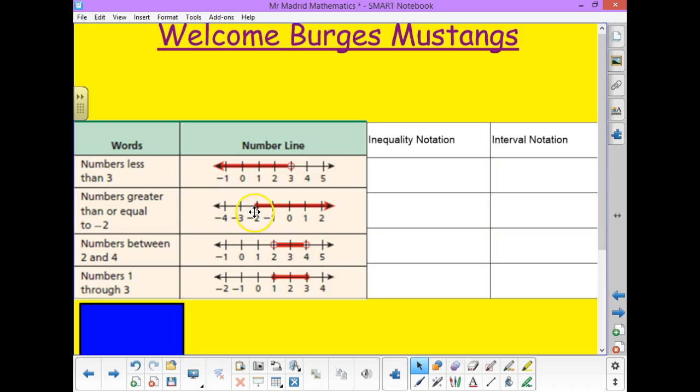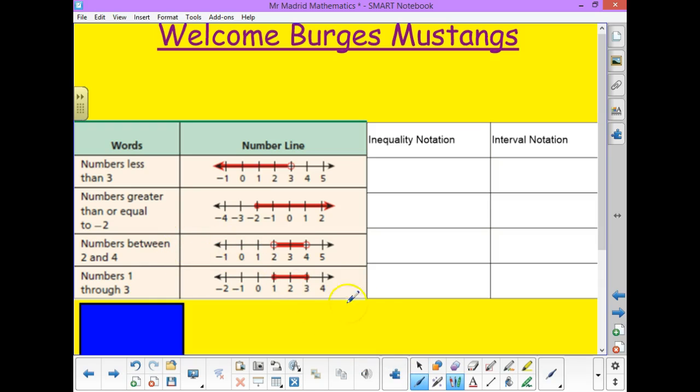This one's closed, so there is equal. Let's look at this one. Numbers between 2 and 4. Here's 2, here's 4. These numbers in between. And notice that there's no equal once again because of the open circles. Numbers 1 through 3. Although it doesn't say equal to, it does include the 1, which means it can equal 1 all the way through 3, and it can equal the 3, so closed circle.